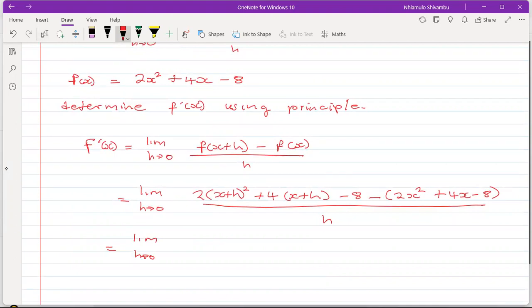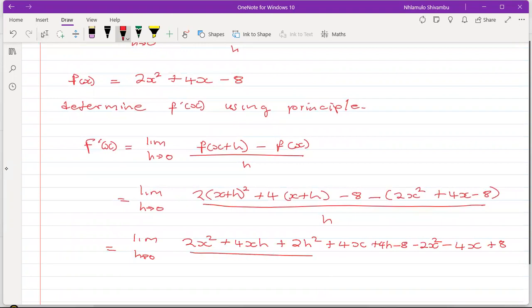If you simplify the numerator, this is going to be 2x squared plus 4xh plus 2h squared plus 4x plus 4h minus 8 minus 2x squared minus 4x plus 8, divided by h.